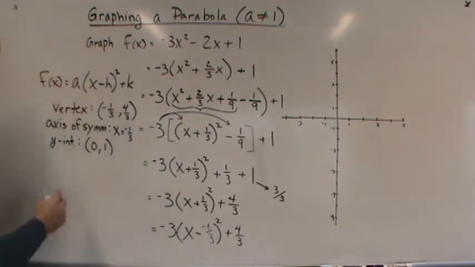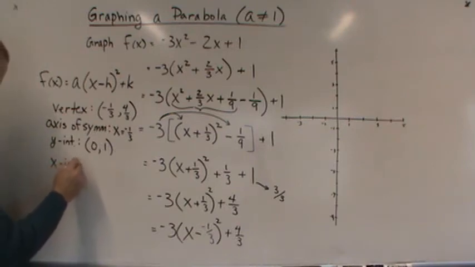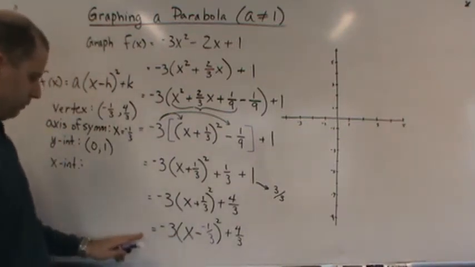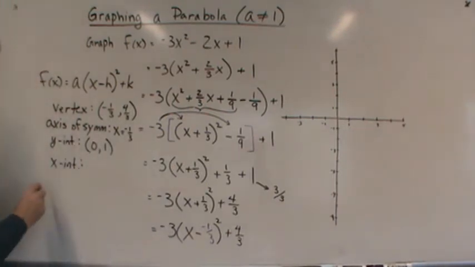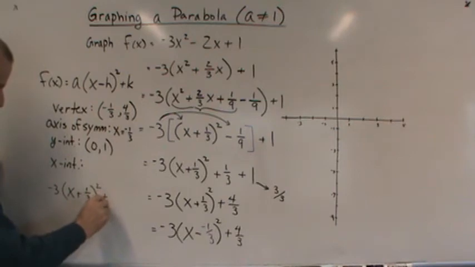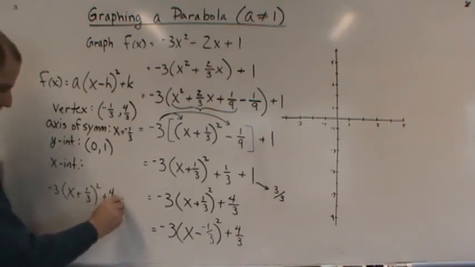Now, what about the x-intercept? For the x-intercept, we're going to set y equal to 0. So let's do that. We're going to say -3 times x minus, or x plus, let's do this one, -3 times x plus 1/3 squared plus 4/3 equals 0.